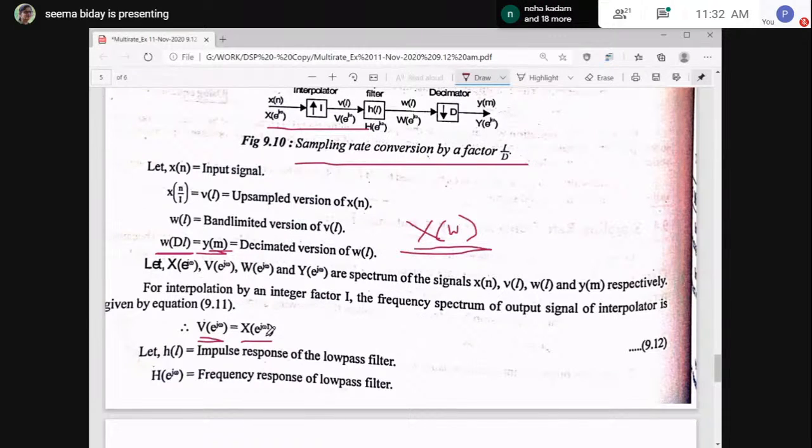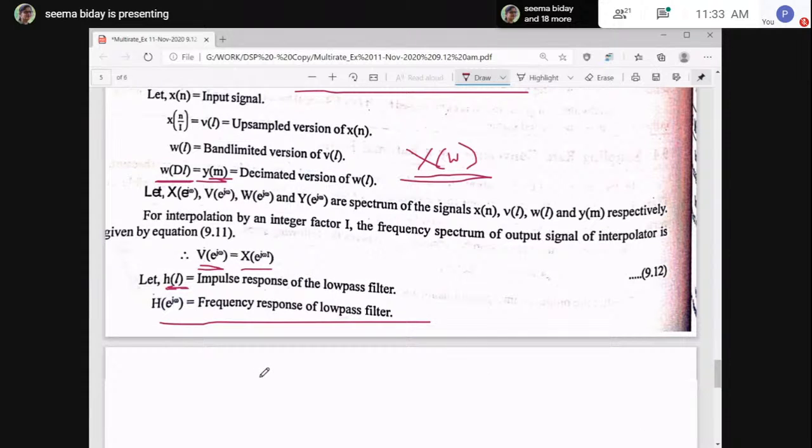Now, h of L is the impulse response of the low pass filter, and H of omega is the frequency response of the low pass filter. Take the simple Fourier transform of h of L. Small letters mean time domain; capital letters are frequency domain.